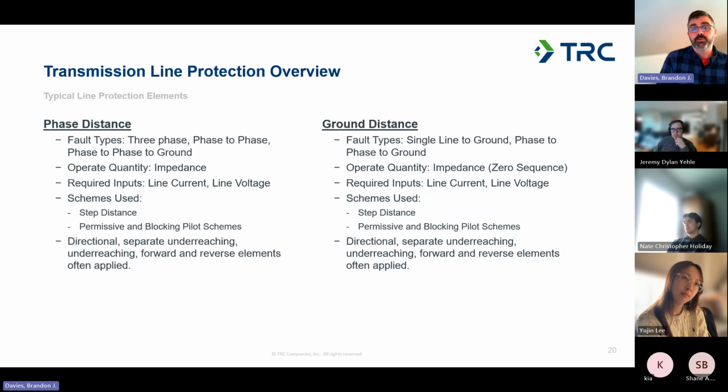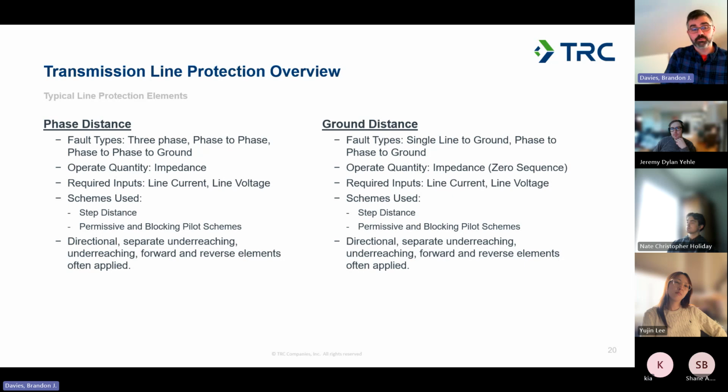Phase distance generally operates for faults that are phase faults, so three-phase faults, phase-to-phase faults, and somewhat for phase-to-phase to ground faults. It's probably a little bit of a misnomer, but you set it based on impedance. So you've got the line impedance itself.